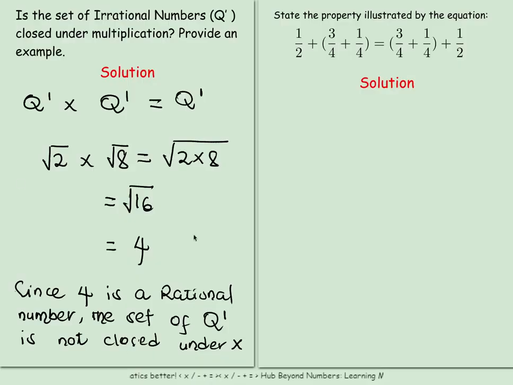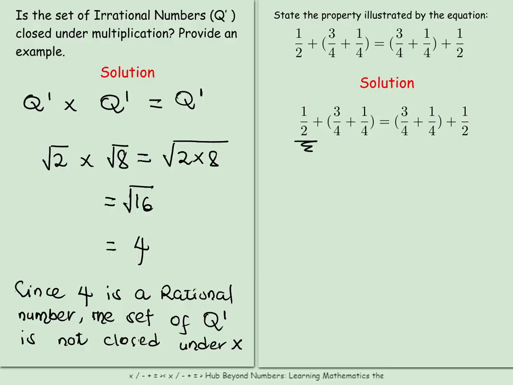Okay, so this question says, state the property illustrated by this equation over here. Even though we've not done associative property, if you have pre-knowledge of it, you might think that is what you see. But anytime you have these questions, you have to pay attention to what it is.